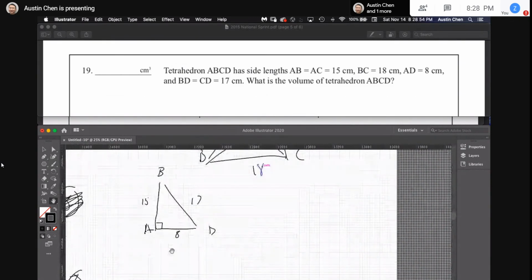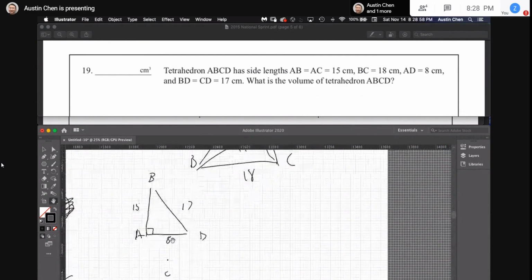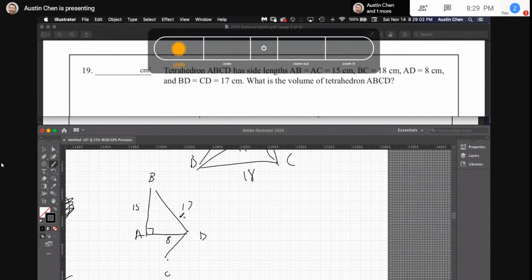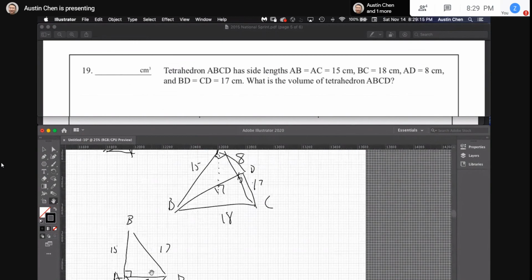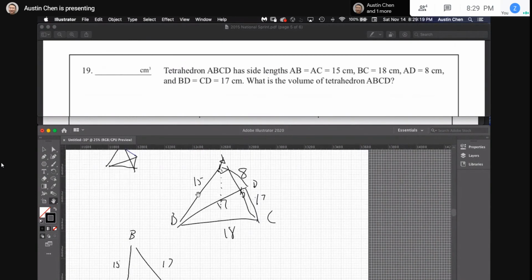Sure, I'll try here. CD is 17. AC is 15. Wait, AC is 15 as well. Yes, AC is AB, 15.